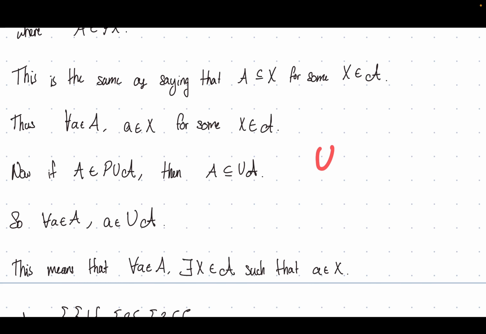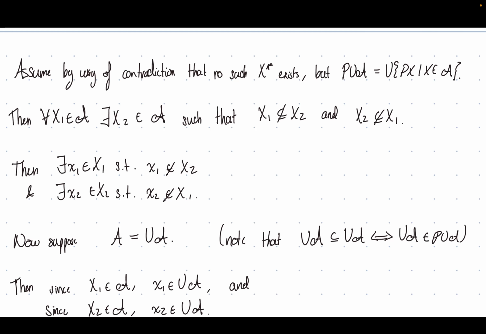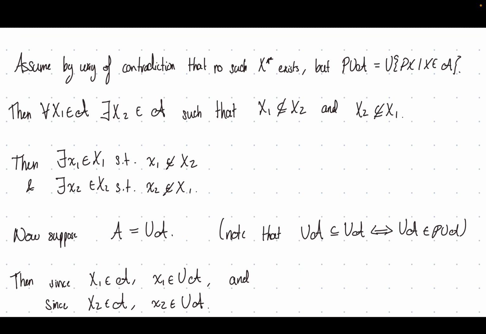And what I've been trying to say this whole time is that the union of script A is a subset of the union of script A, right? So if you want to prove it in the most generality in this case, then you have to show it for the union of script A itself, right? So what I'm saying is that let's assume that there's no such x star, no such set x where you find that x is a subset.